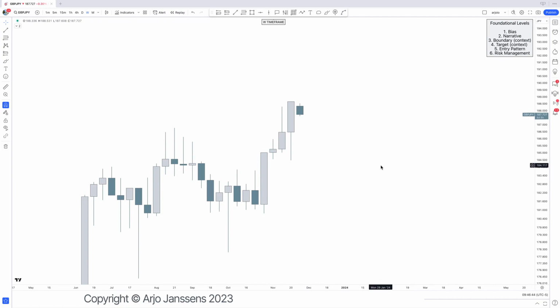So you are always trading context, and that means that there's always a protected high or a protected low. Because if you're bullish, of course, you're looking to target an unprotected high. If you are bearish, you're looking to target an unprotected low. And if you're bullish, you have a protected low that you're trading off of. And if you're bearish, you have a protected high that you're trading off of.